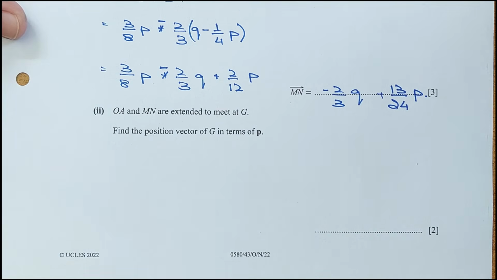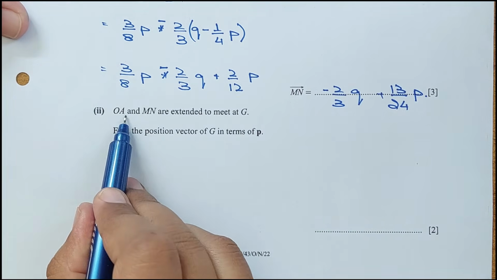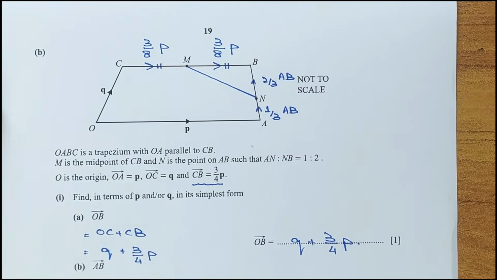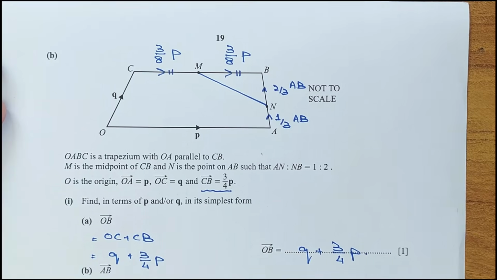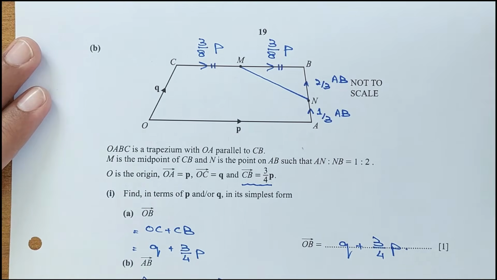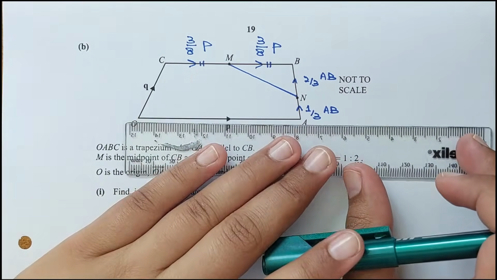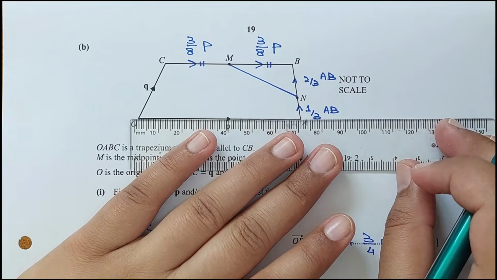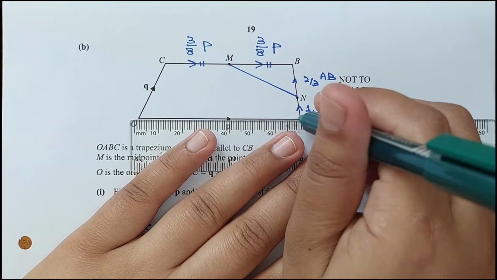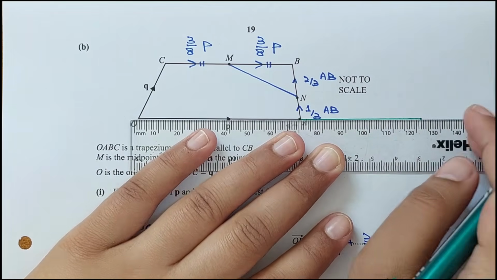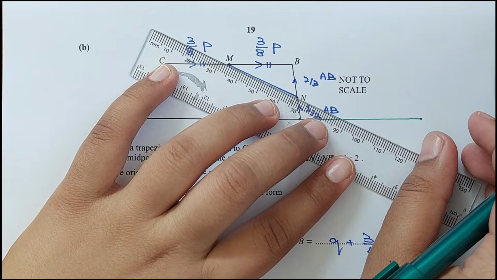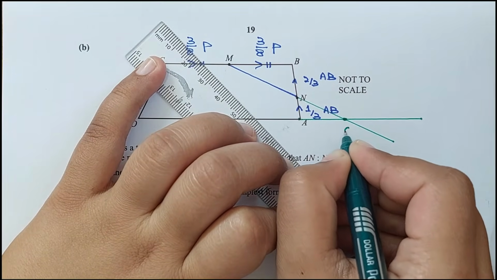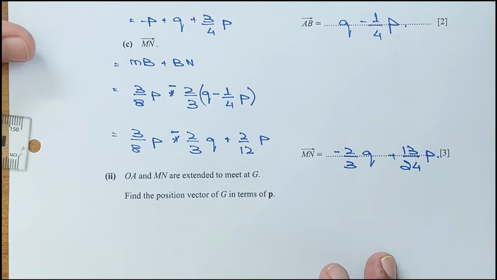Okay. Now for the second part, OA and MN are extended to meet at G. Let me do the extension of OA. OA and the line MN are extended to meet at G. All right.